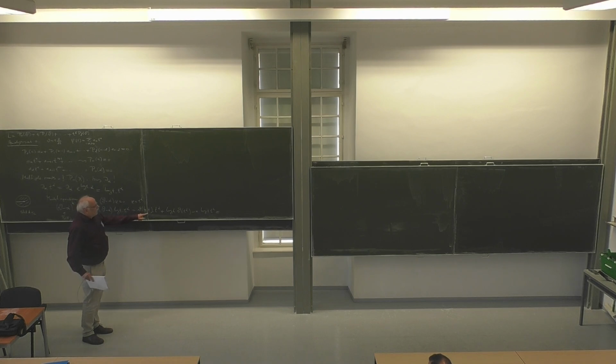The theta of log t: you differentiate with respect to t, so you get 1 over t, but then you multiply by t, so this is 1.